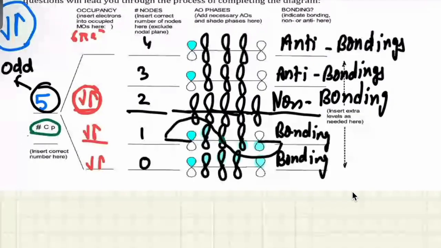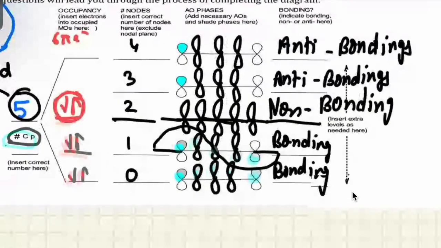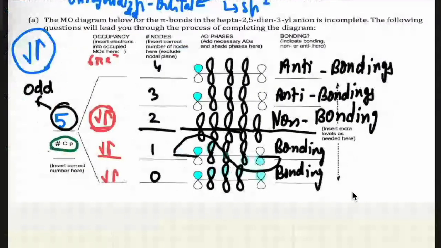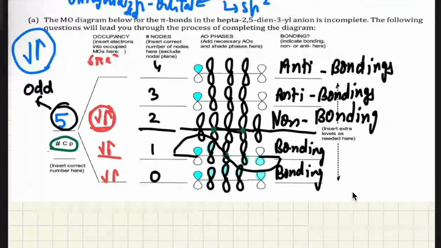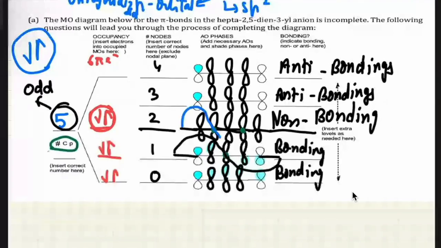Now for the next part, we have two nodes, right? We'll do something similar. We'll have a node over here and another node over here. This is for the non-bonding. The wave will go like this, and then like this, and then like this.